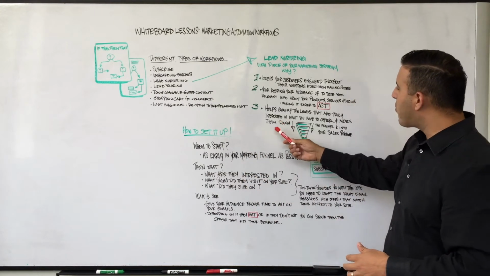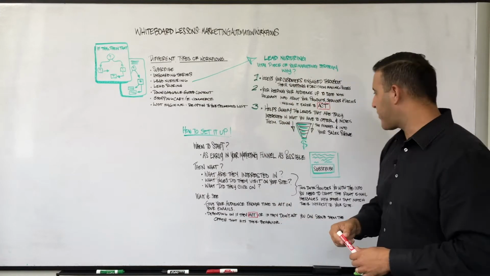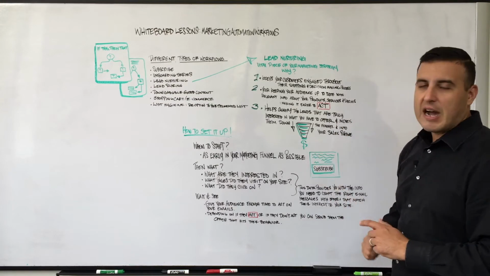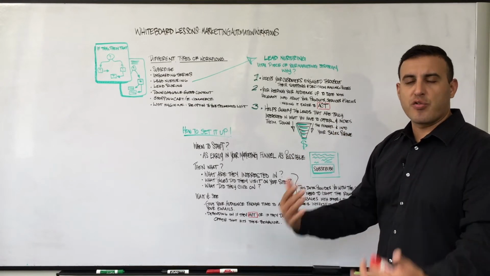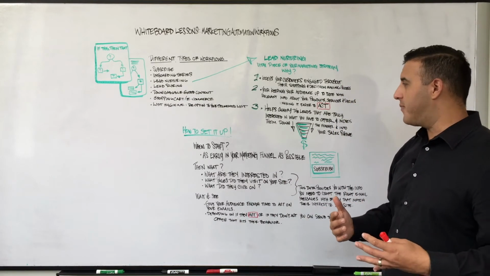That's really important because it's going to move people down your funnel much faster and into your sales pipeline, which is really intended to increase business and increase the activity within your campaign.